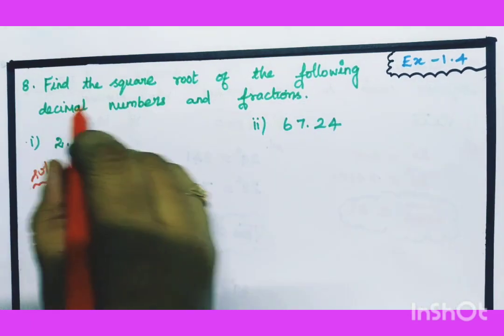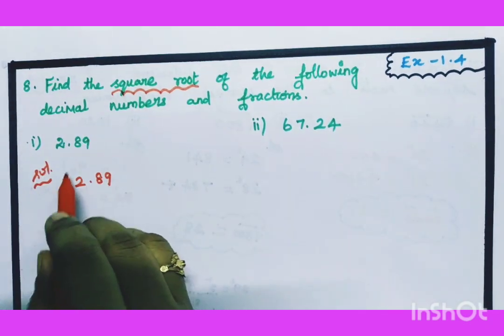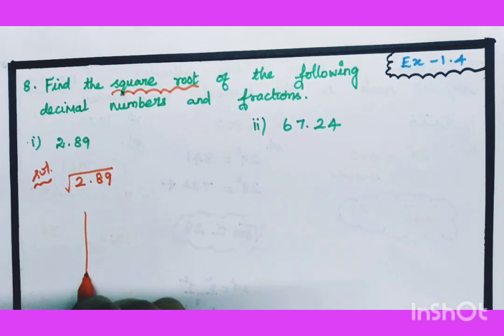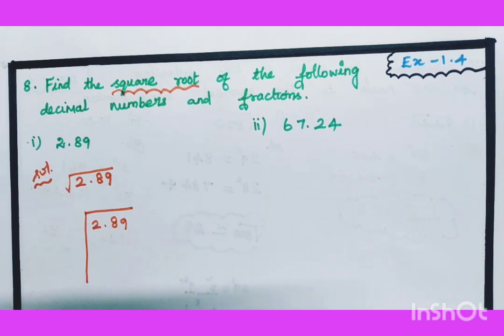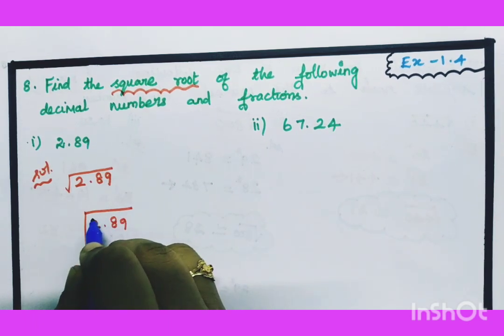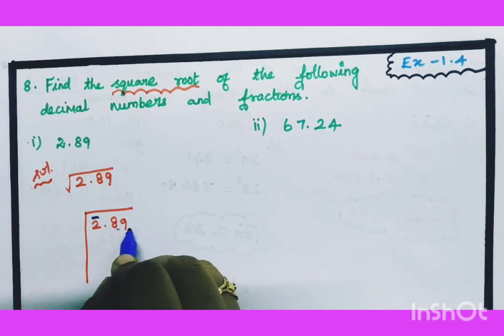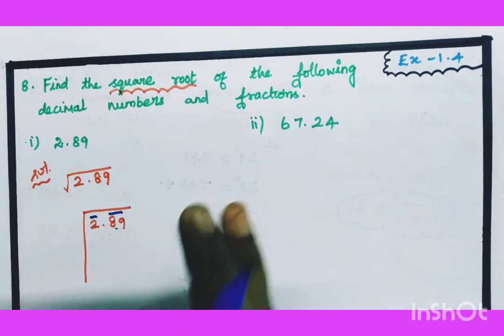They are asking the square root of 2.89. This number is given, and we want to find the square root. So I will write 2.89. The next step is to make the pairs. The integral part comes separately, the decimal part starts from the point: 89 is a pair. Here the single digit is no problem.